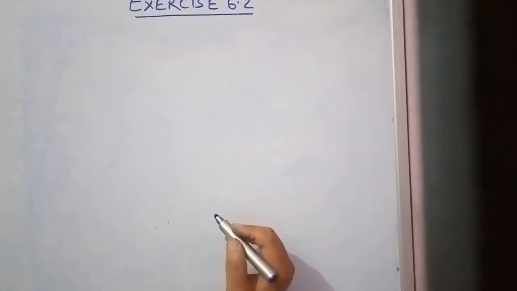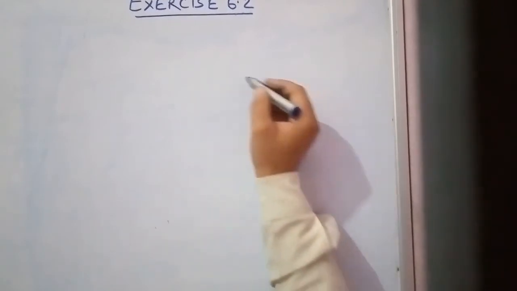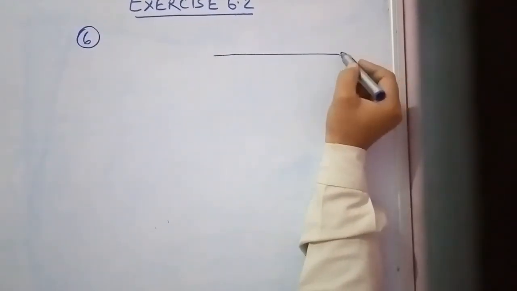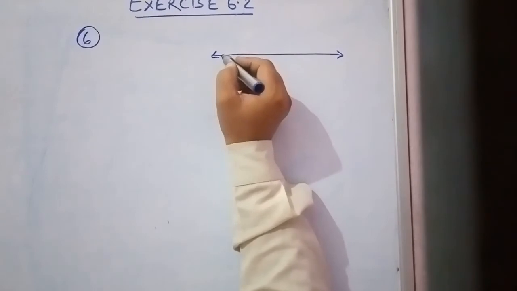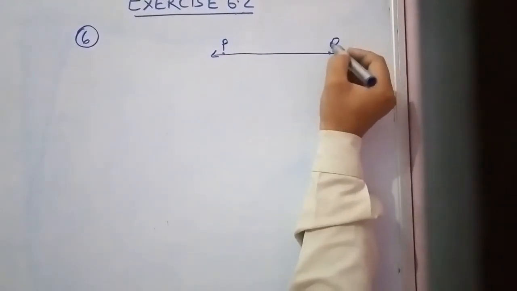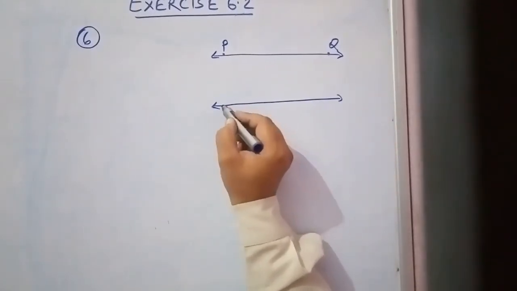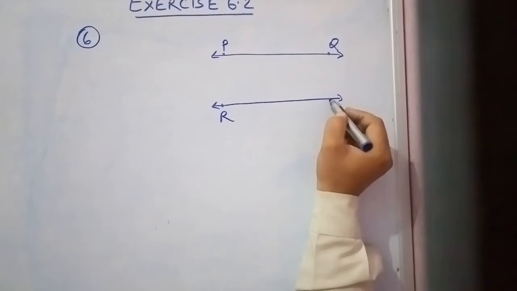Now, question number 6. Here two mirrors are placed parallel to each other. Two mirrors, that is PQ and RS, placed parallel to each other.